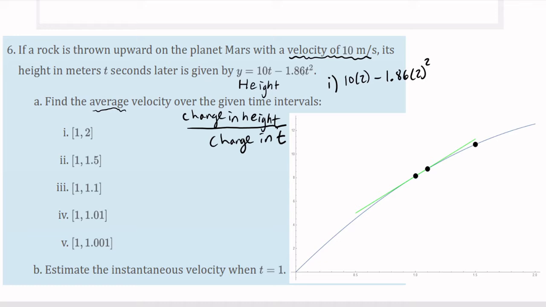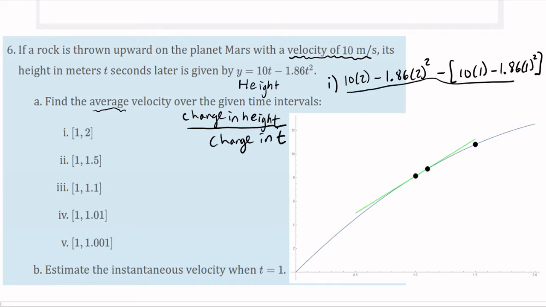I'm plugging the time 2 into this height function, minus 10 times 1, because I want to know how high was I at 1 second, minus 1.86 times 1 squared. That's the change in height divided by 2 minus 1, because that's the change in time.